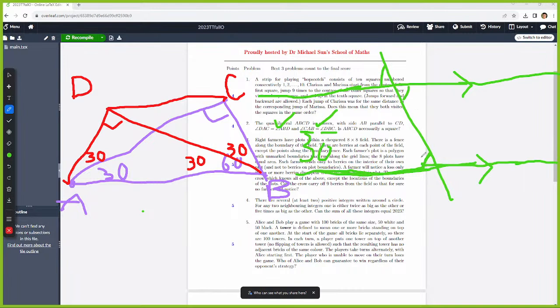Can you see which angle is alternate here? If we want to show this line here is parallel to this one.